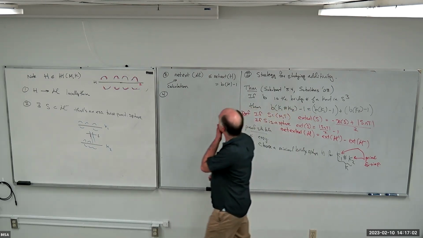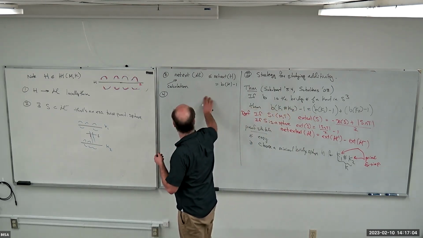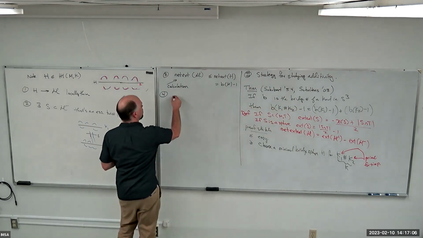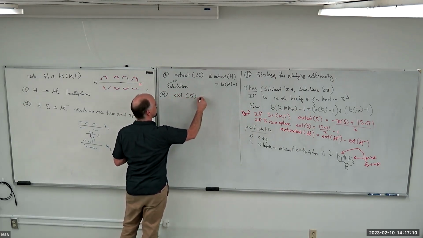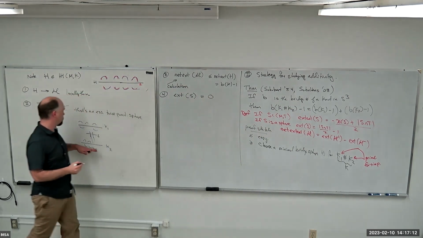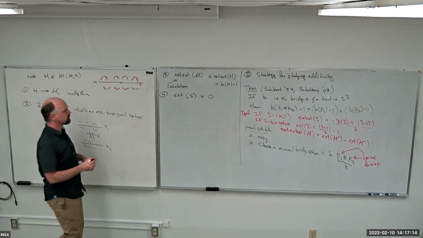But, yeah. So once we know this, then the last piece we need is that the extent of S is equal to 0, because it's a twice punctured sphere.